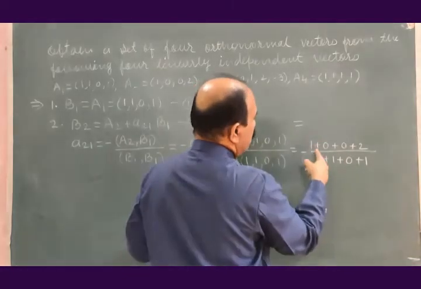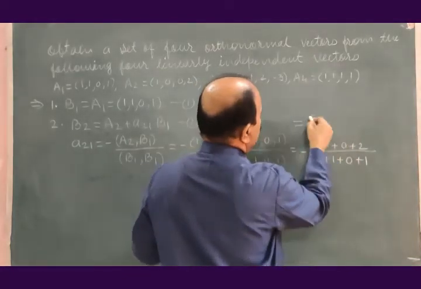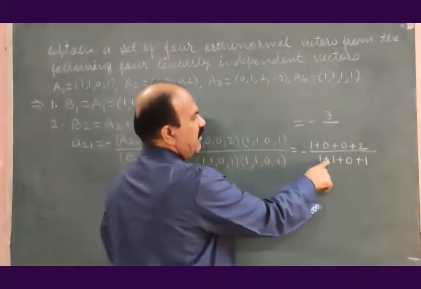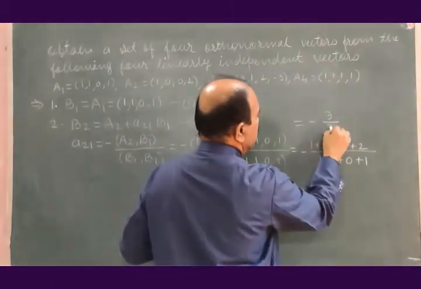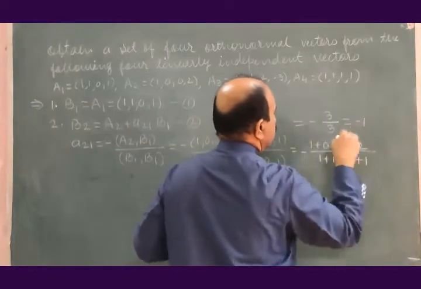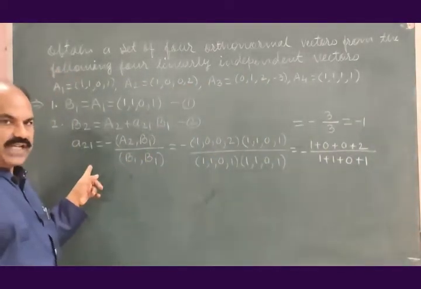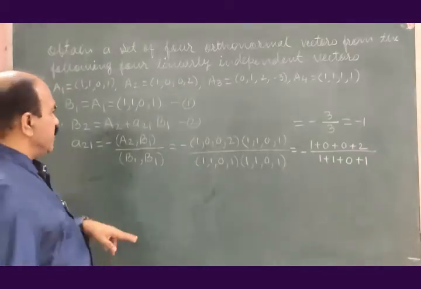This is equal to minus of (1 plus 2, that is 3) divided by (1 plus 1 plus 1, that is 3). This is equal to minus 1. So we got A21 is equal to minus 1.